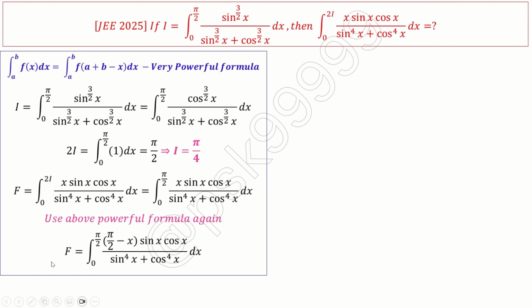See this, what happens is, if I use the same one, integration of pi by 2 minus x, sin x will become cos x, cos x will become sin x, so it remains the same basically, divided by sin to the power of 4x, which will become cos to the power of 4x, and cos to the power of 4x becomes sin to the power of 4x, so the denominator remains the same. Correct? If I add this f and this f, both, the minus x times sin x cos x will go off.